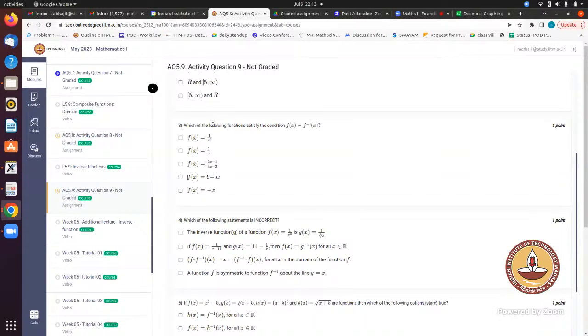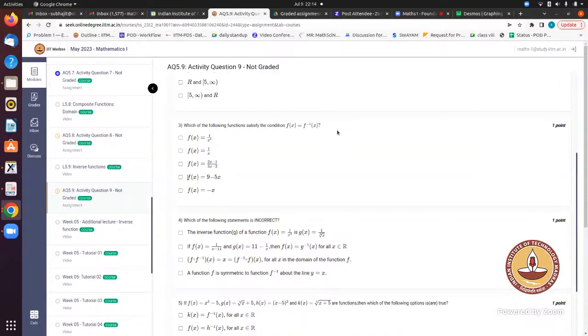Question number 3, if you can see: for which of the following functions does the condition fx equal to f inverse x hold? There are some functions for which the inverse is the same function, and you have to find which one that is.